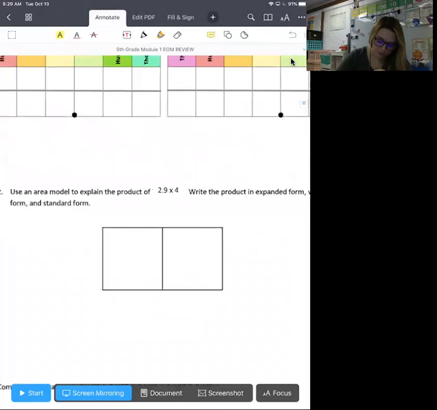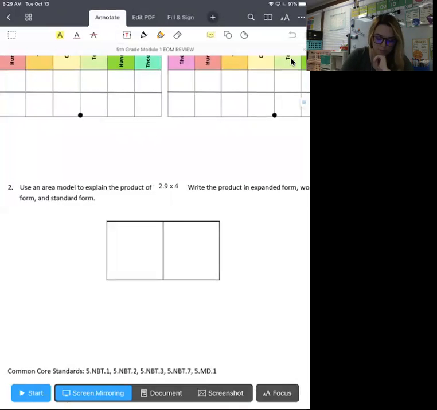Number two, you are using an area model to find the product of this equation. And our equation is 2.9 times 4. So remember, we take one of our numbers and put it on the side, and then the other number is going to go across the top.